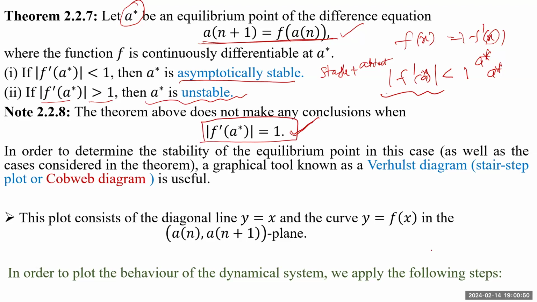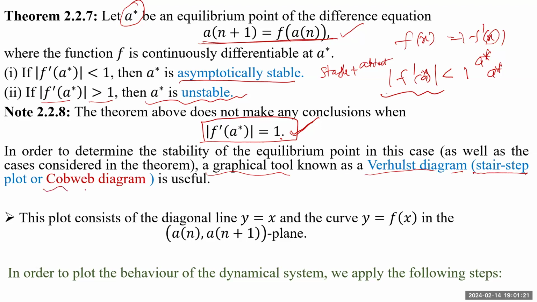So in order to determine the stability of the equilibrium point in this case, we use a graphical tool known as the Verhulst diagram, or sometimes a stair step, because when you draw the diagram, it looks like stair steps.